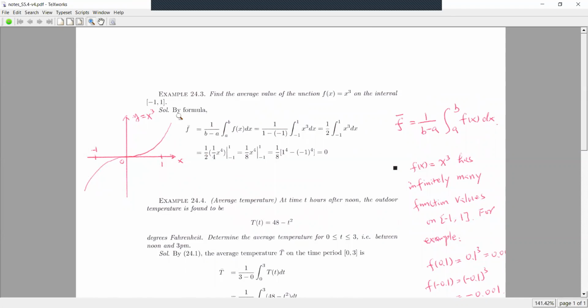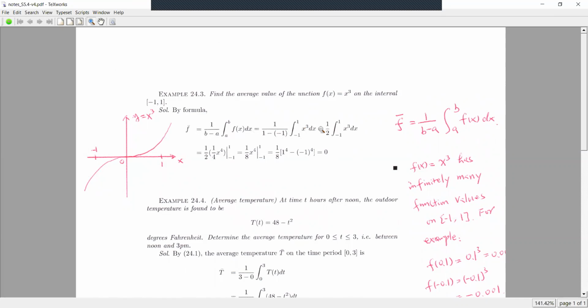F bar, the average function value by formula, is 1 over b minus a times the integral from a to b of the function. Now a is -1, b is 1. 1 over 1 minus -1 is 1/2.